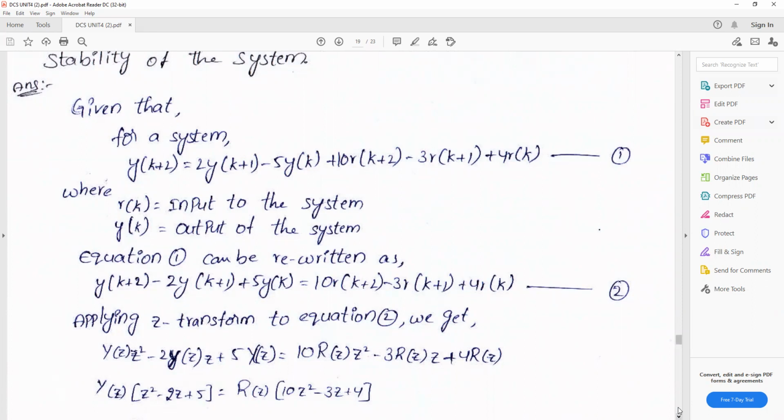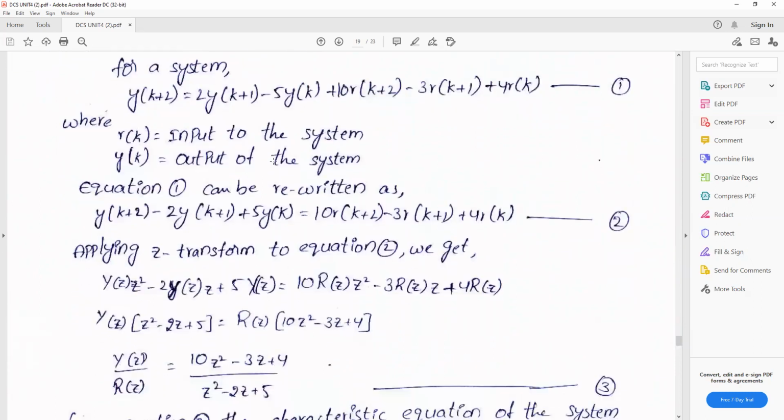Okay, first equation: apply the z transform. The z transform of y of k plus 2 is z square into y of z. The z transform of y of k plus 1 is z power 1 into y of z. In the z terms, everything goes to the left side, and the r terms go to the right side.